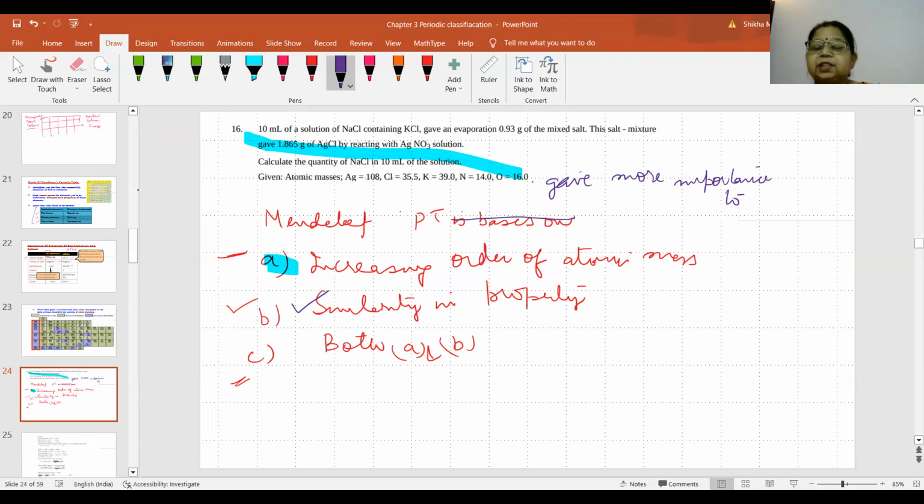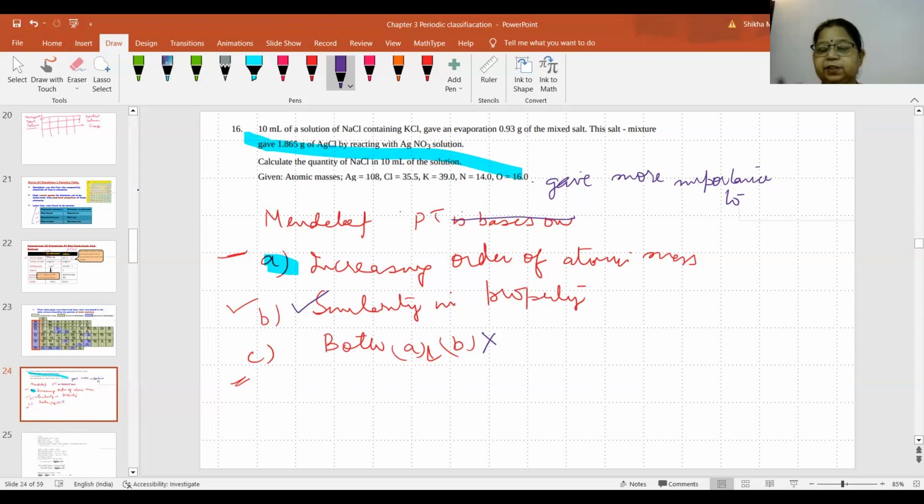In any case, this will never be an option. It is a very common mistake which we commit. Is it clear that for Mendeleev we have to read the question very carefully? If the question is asking for the basis of Mendeleev's periodic table, it is either atomic mass or increasing order of atomic mass, whichever is given there.